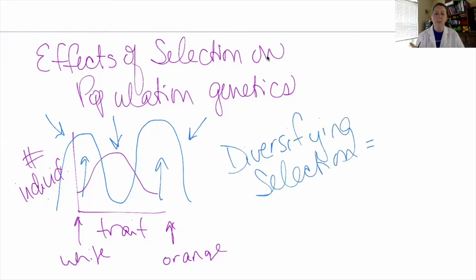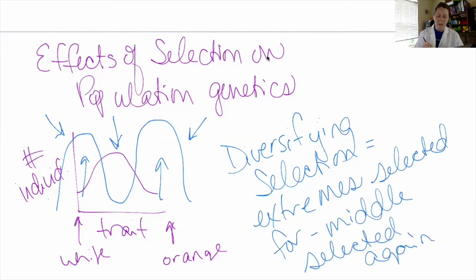In diversifying selection, it is the extremes that are being selected for, and it's the middle of the road that's being selected against. This one is actually the most common that you'll see before a speciation event.